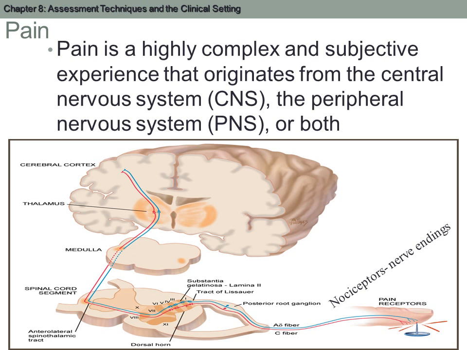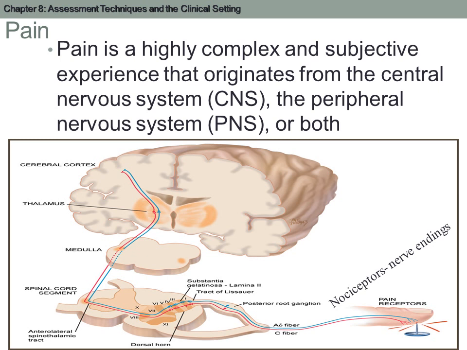We've got A fibers, which are more specific for sharp pain because those fibers are myelinated. And then you have C fibers, which give you more of a diffuse pain. The patient can tell you, yeah, the pain is in my leg, but they can't really pinpoint exactly where. That's because those C fibers are not myelinated, so the information is not very specific.